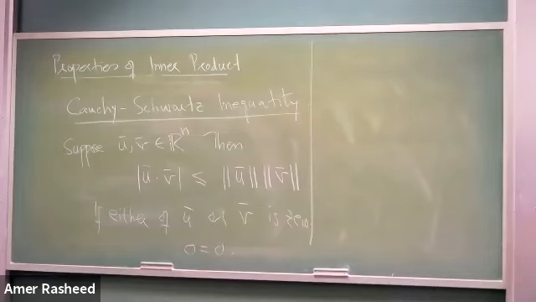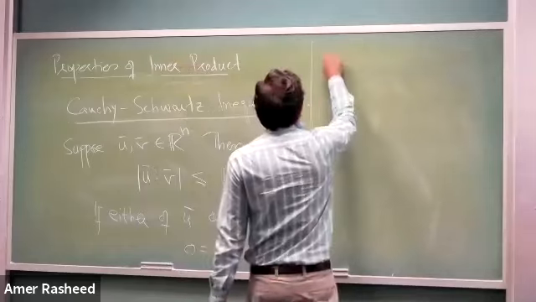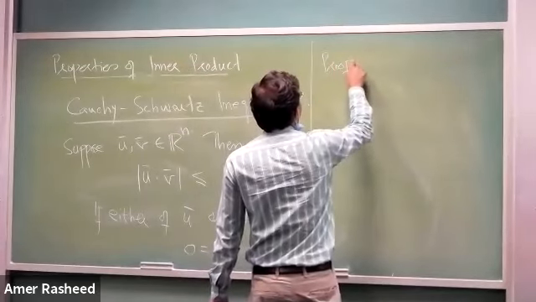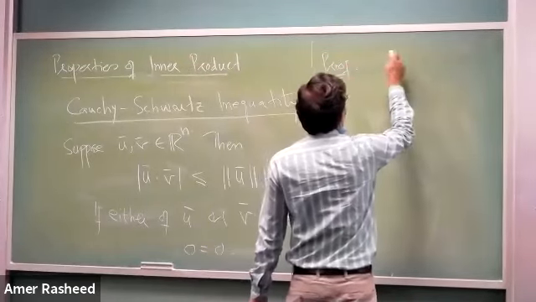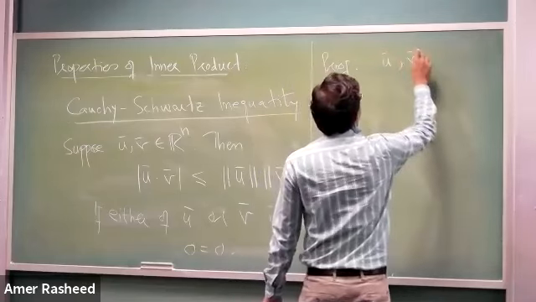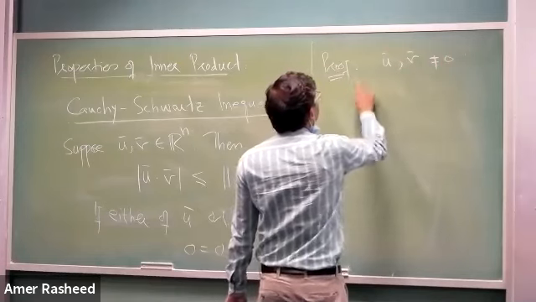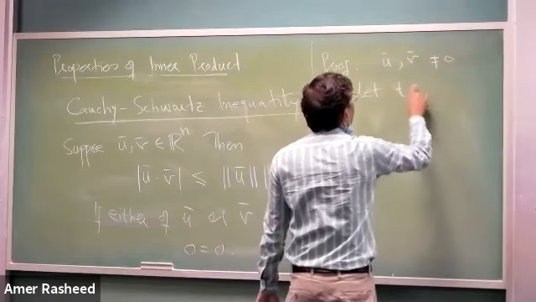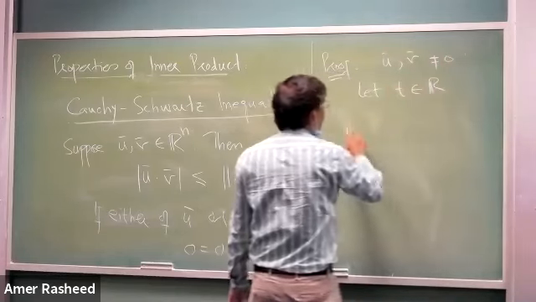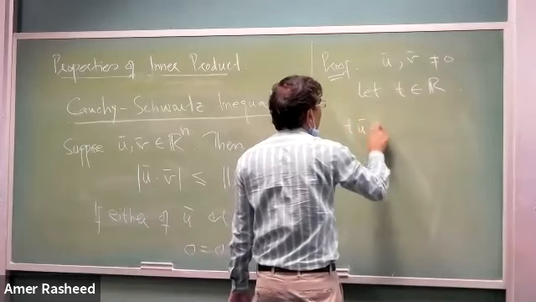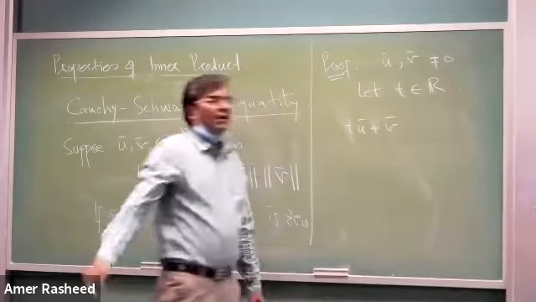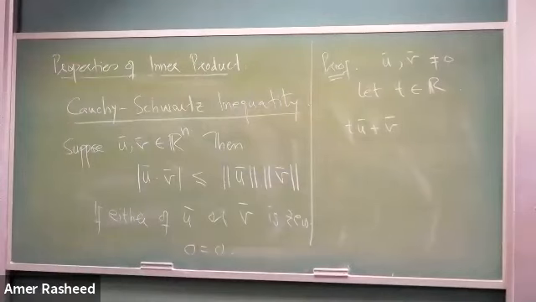In order to prove it, we assume that u or v are not 0, and let t belong to R, because t is some real number, and we define t times u plus v.